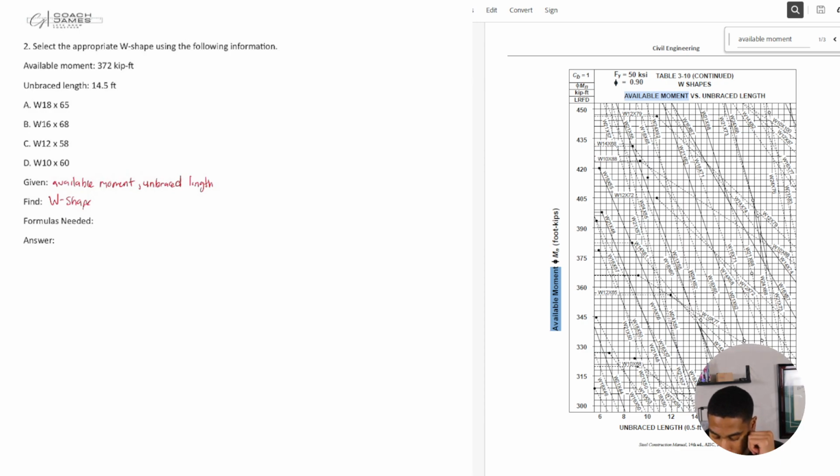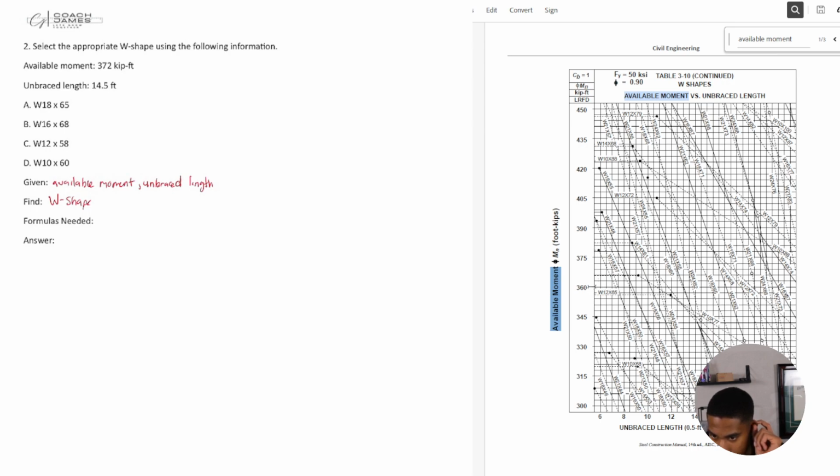Okay. So how do we use this chart, right? Well, we know that the available moment is 372 kip-feet. So along this chart, this is in kip-feet, right? The available moment. So I know along this line, I should be looking for 372.